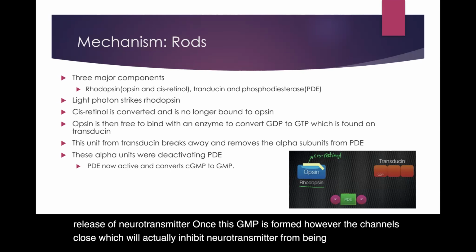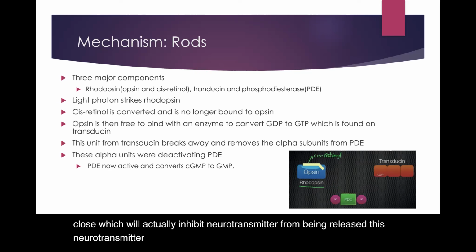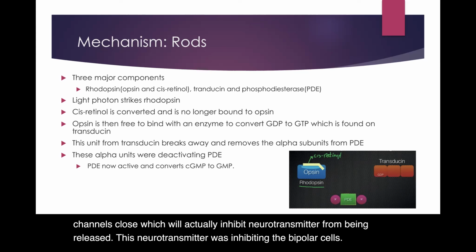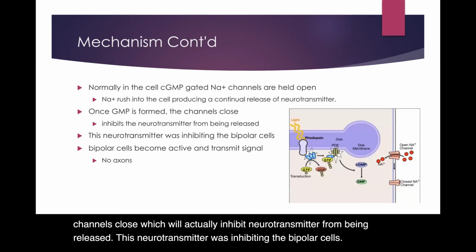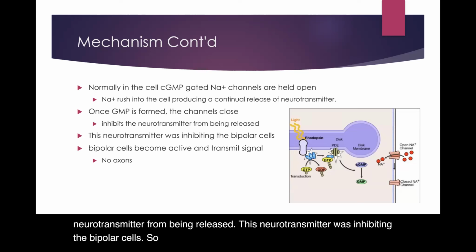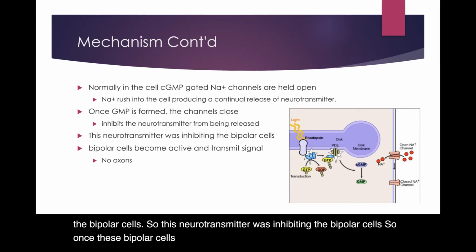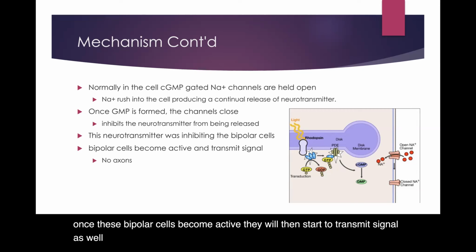This neurotransmitter was inhibiting the bipolar cells. So once these bipolar cells become active, they will then start to transmit signal as well. These bipolar cells do not have any axons.